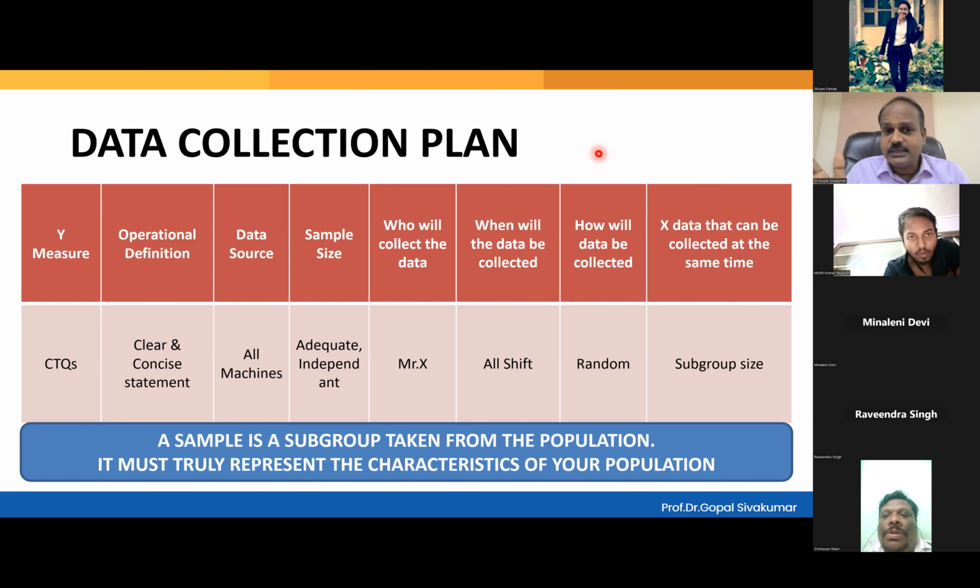But you still want to understand the quality of your population and you want to declare it everywhere. Our product is this much stronger. This is the specification. We want to declare it, isn't it? So for that purpose, you study only a sample. You have a limited study to judge a vast population. Am I right?